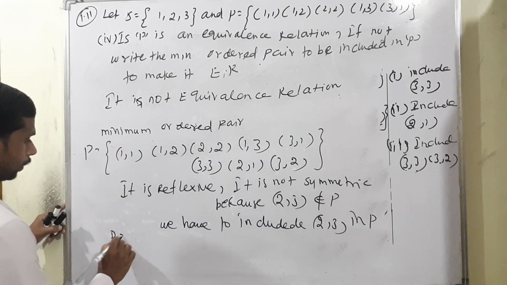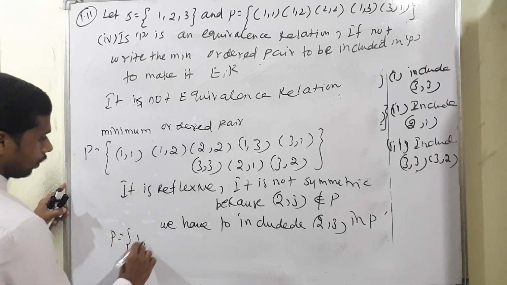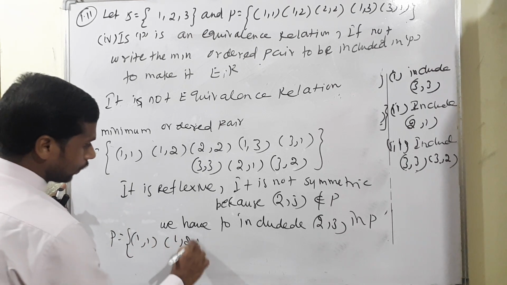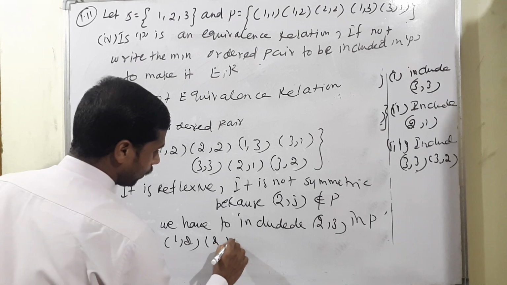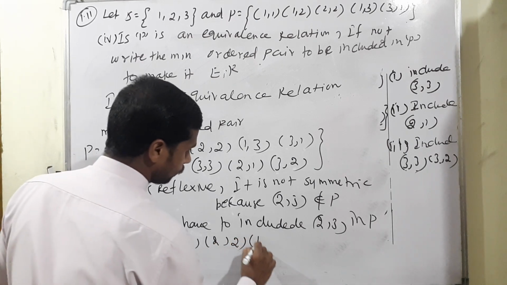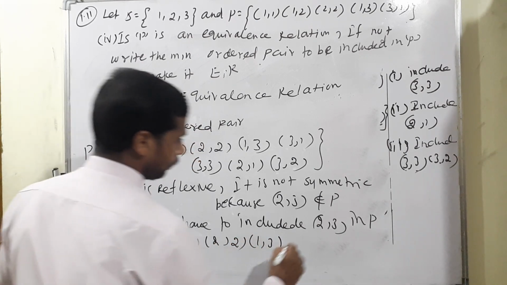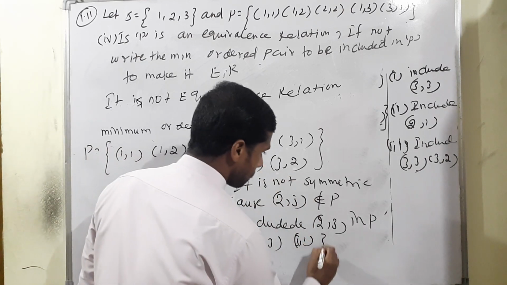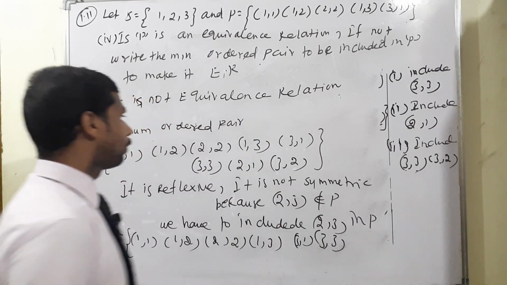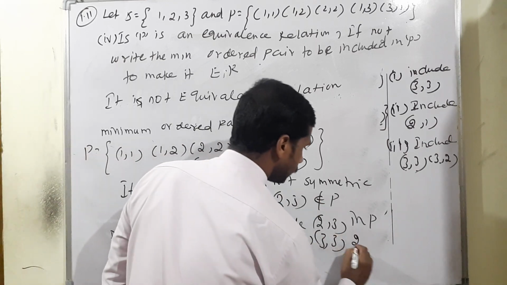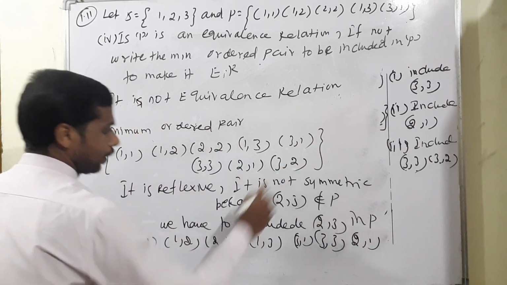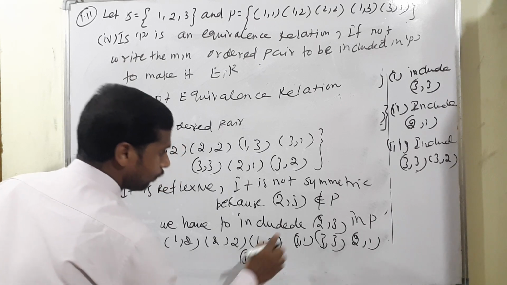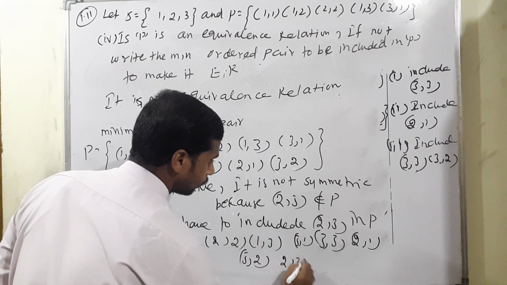Now we can write it, P is equal to 1 comma 1, then 1 comma 2, then 2 comma 2, 1 comma 3, 3 comma 1, 3 comma 3, 2 comma 1, the last one 3 comma 2, and the final one 2 comma 3 also.